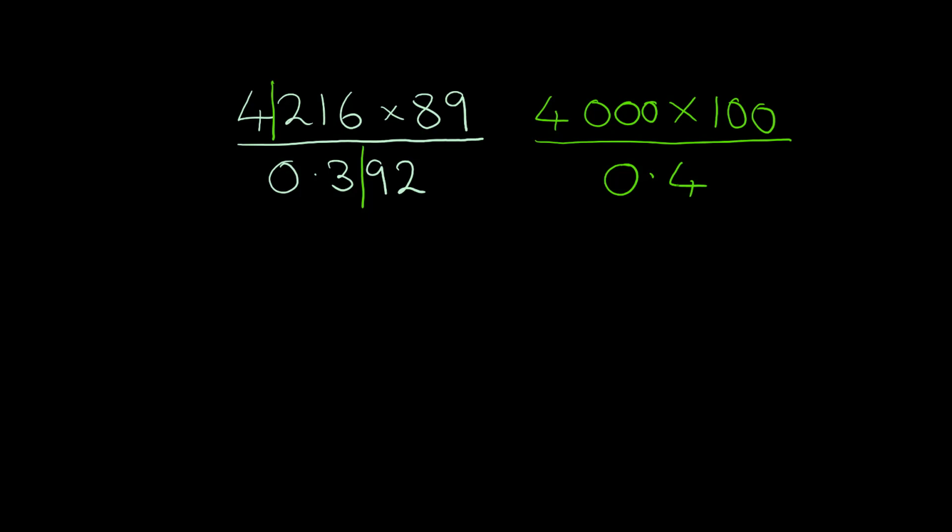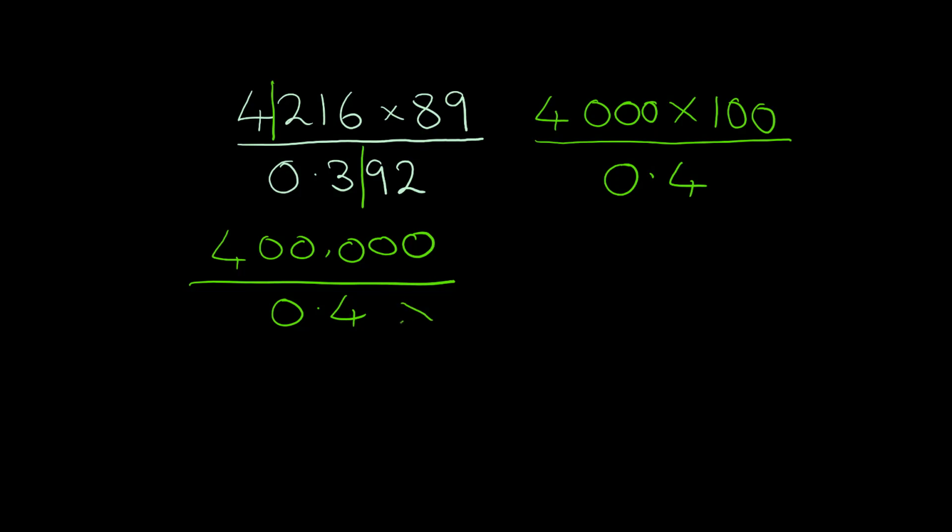So the top part of this sum is fairly straightforward. 4,000 times 100 is going to give us 400,000, and that's all over 0.4. So we're dividing by a decimal. So to divide by a decimal, remember we're just going to turn that decimal into a whole number and then work from there.